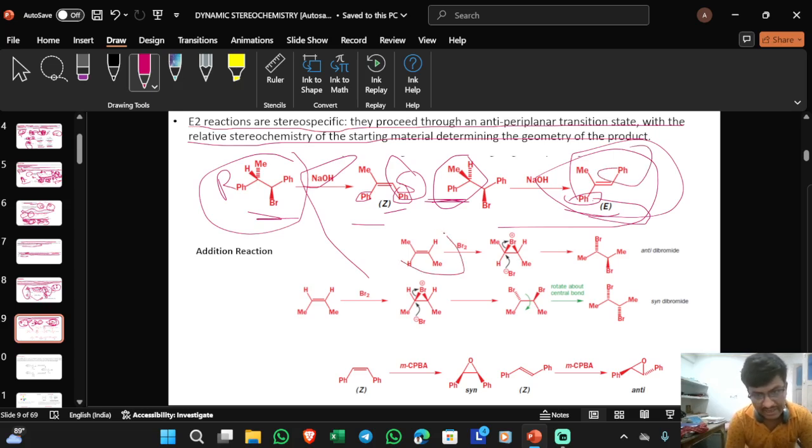Then these are the mechanisms, and another one, anti-dibromide. These are the mechanisms.